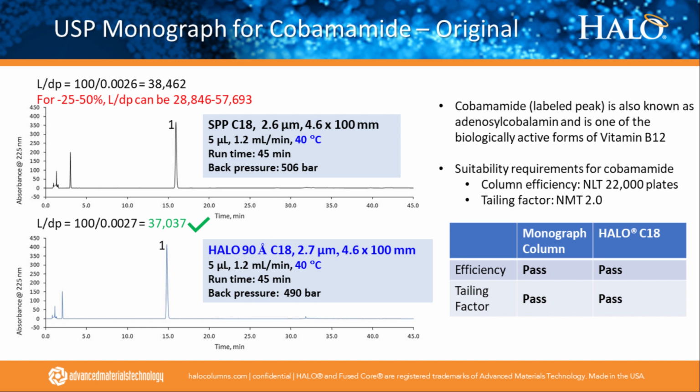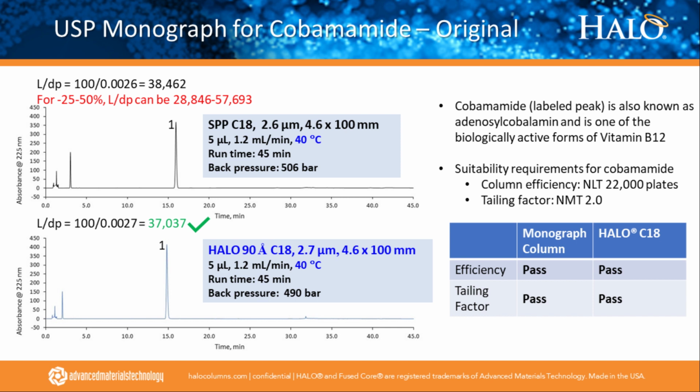The original monograph column is a 4.6 by 100 and 2.6 micron particle size, so our L to DP can be anywhere from 28,846 to 57,693.